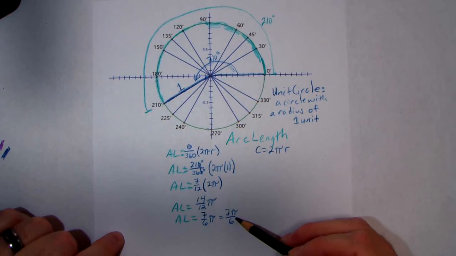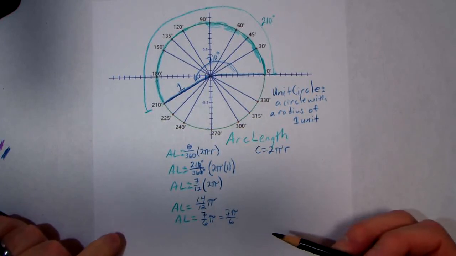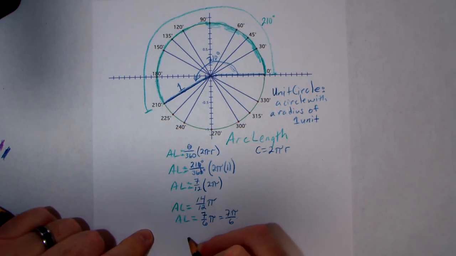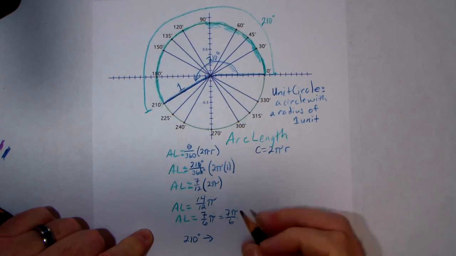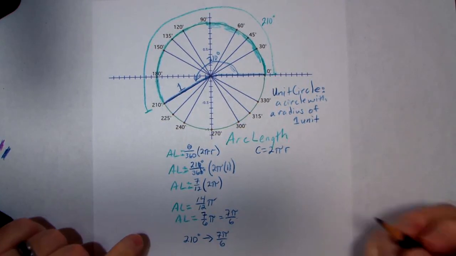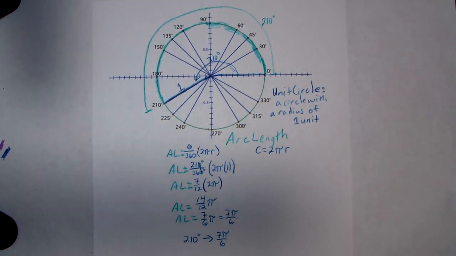Probably you'll be seeing it next year more in this form, so that's up to you. So what we've just determined is that an arc of 210 degrees in a unit circle has a length of 7 pi over 6 units. I hope that helps.